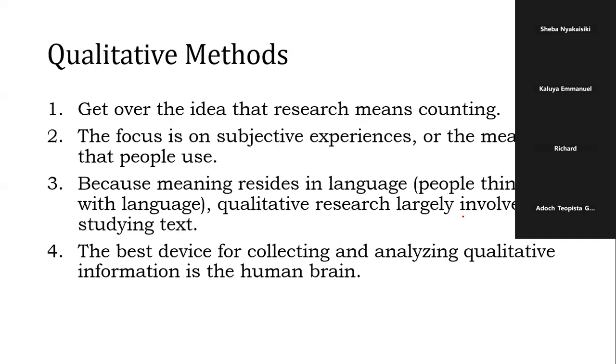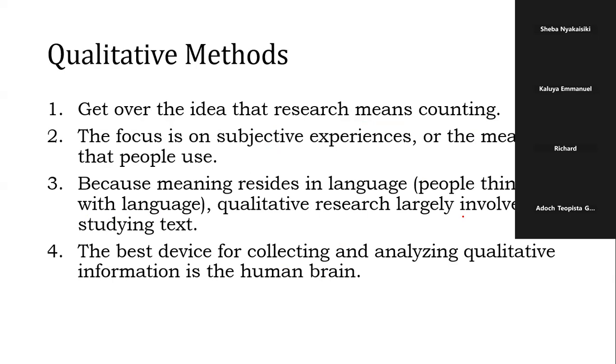Now, specifically on qualitative methods, most of these things we've talked about, but it is to understand exactly the direction of your research, where it is going to head to.